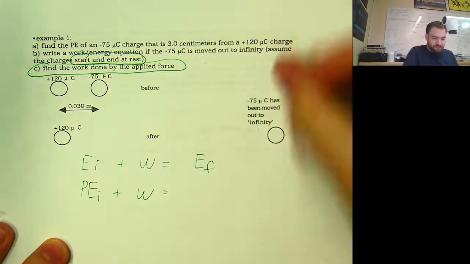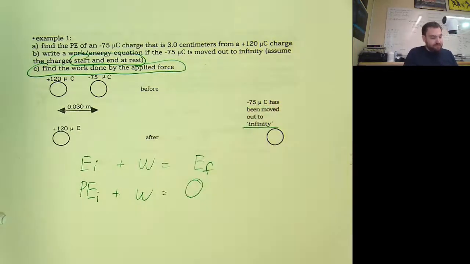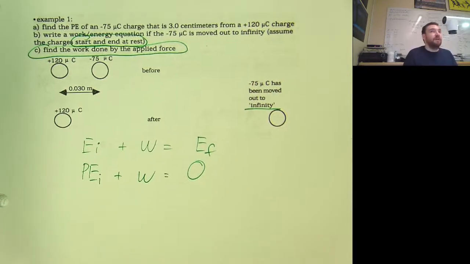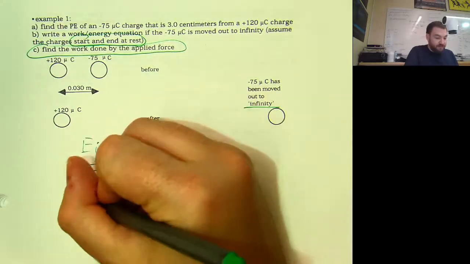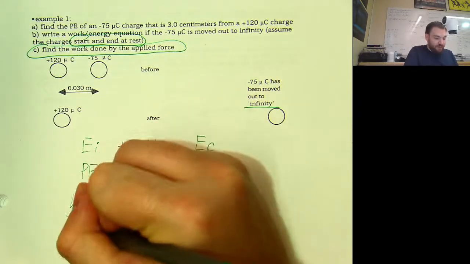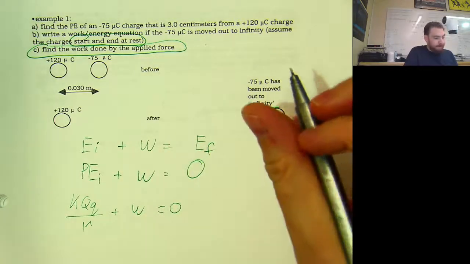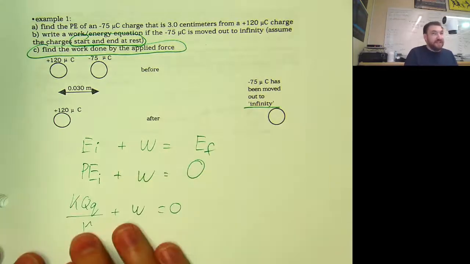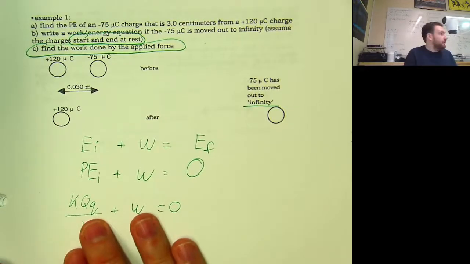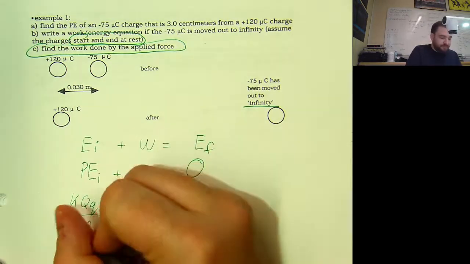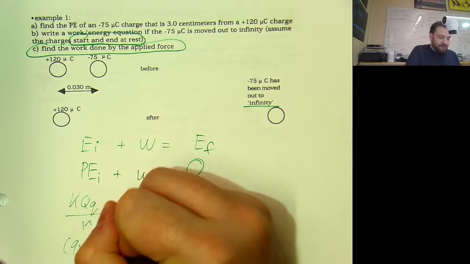So that's 0. I've got an expression here now for potential energy: kQQ over r plus work equals 0. We're going to fill this in, and we are going to use the signs on the charges. 9 times 10 to the 9.